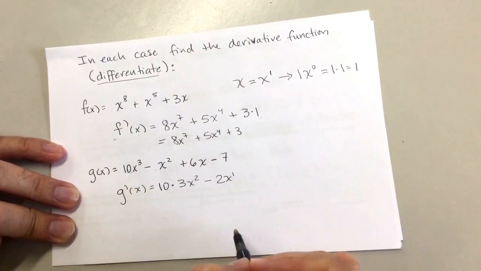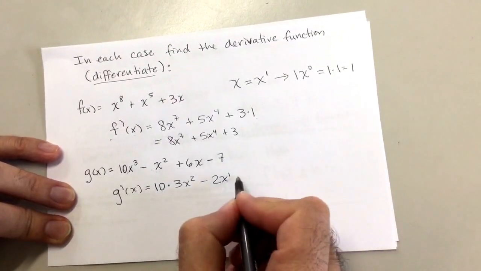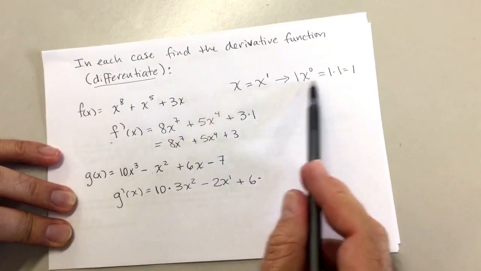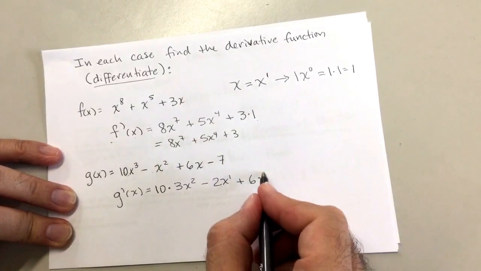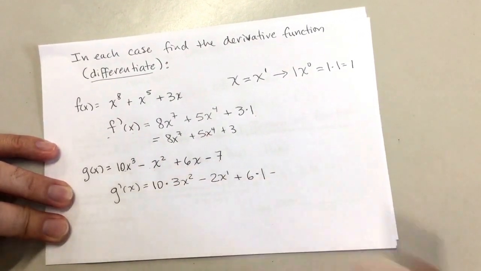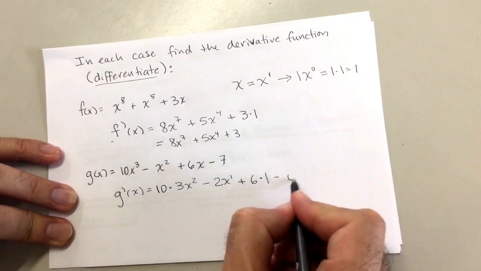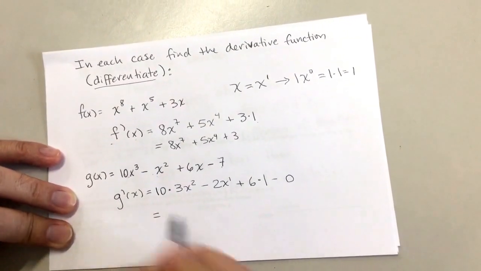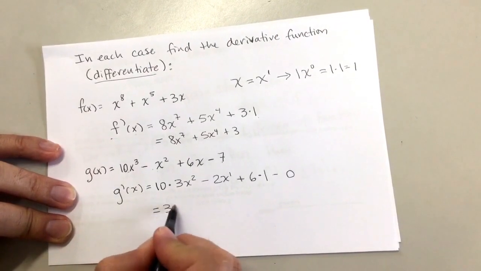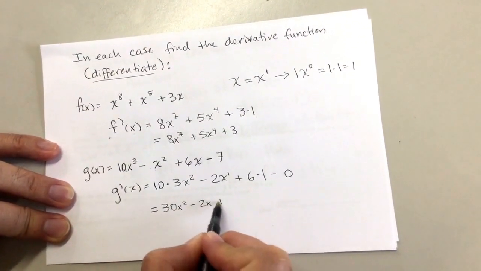Of course, we won't need to write that 1 exponent in our final answer. Plus 6 times the derivative of x. As we saw, the derivative of x is 1. So 6 times 1. Minus the derivative of 7. 7 is a constant. It doesn't change, so its derivative is 0. So our final answer is 10 times 3, that would be 30x squared minus 2x plus 6.